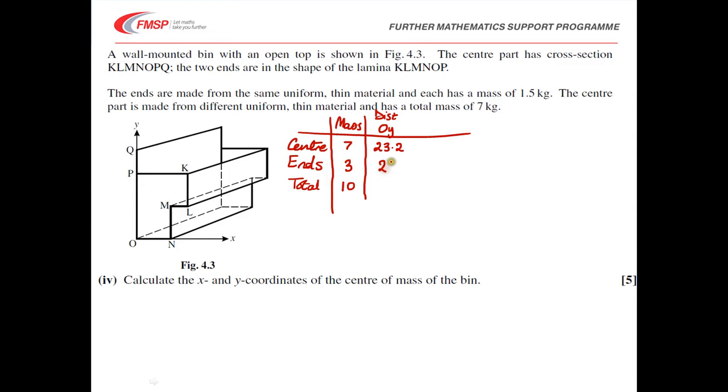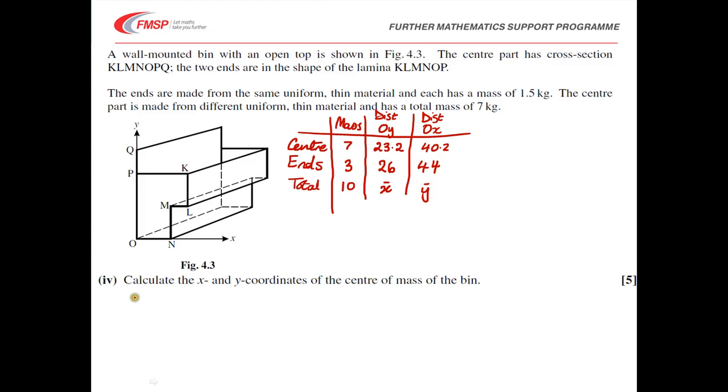Each of the ends has a distance of 26, that's from the laminar model, and we're looking to find x bar. Similarly, for the distance from OX, we've got 40.2 for the centre section, 44 for each of the ends, and we're looking to find y bar here.